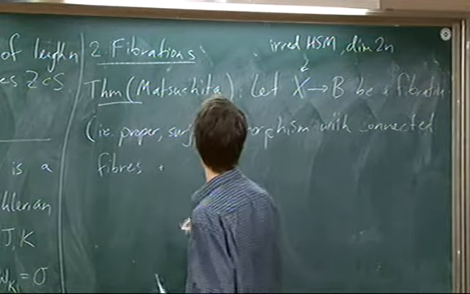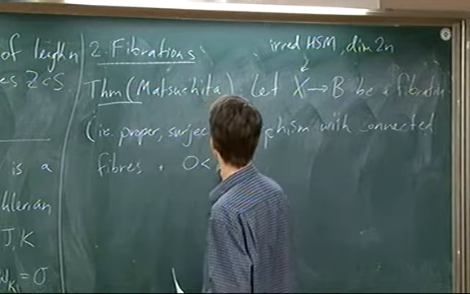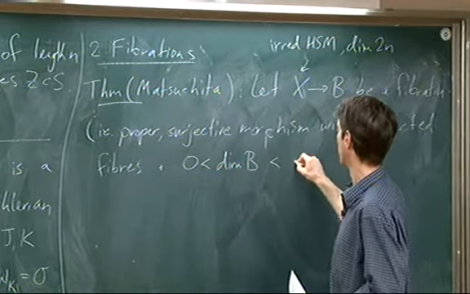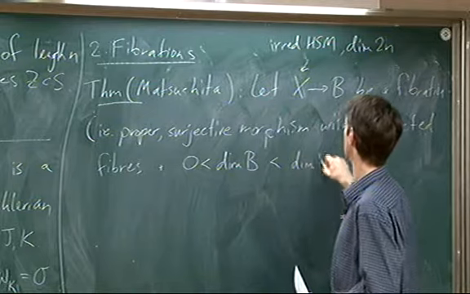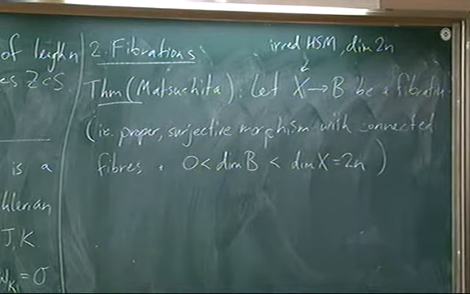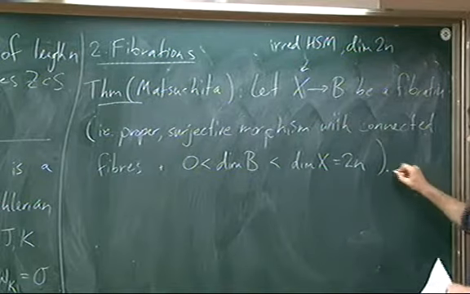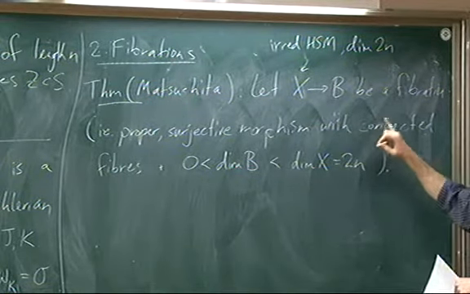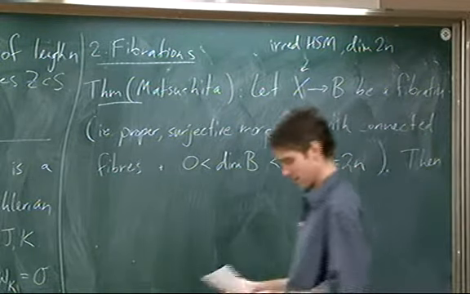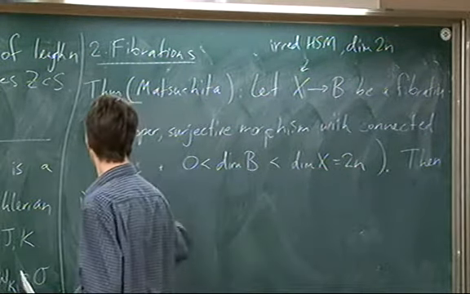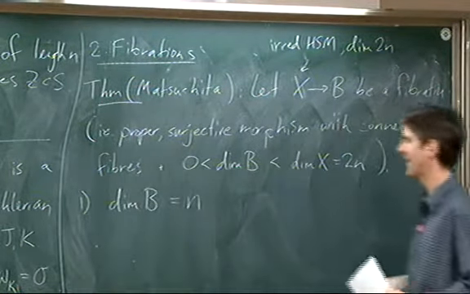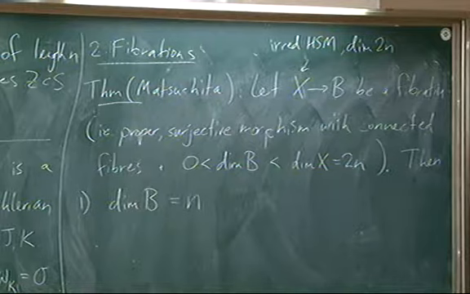And I want the dimension of B to be strictly positive and smaller than the dimension of X, which is 2n. Right, so then if I have a fibration on an irreducible holomorphic symplectic manifold like this, then the dimension of B actually has to be half the dimension of the total space X.